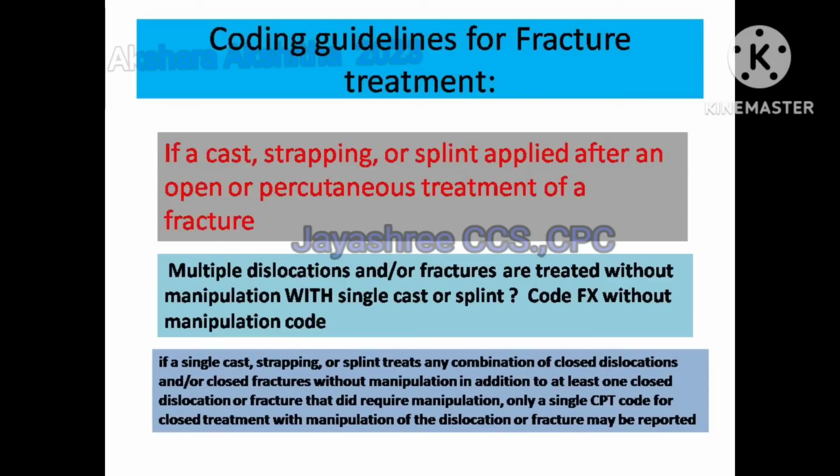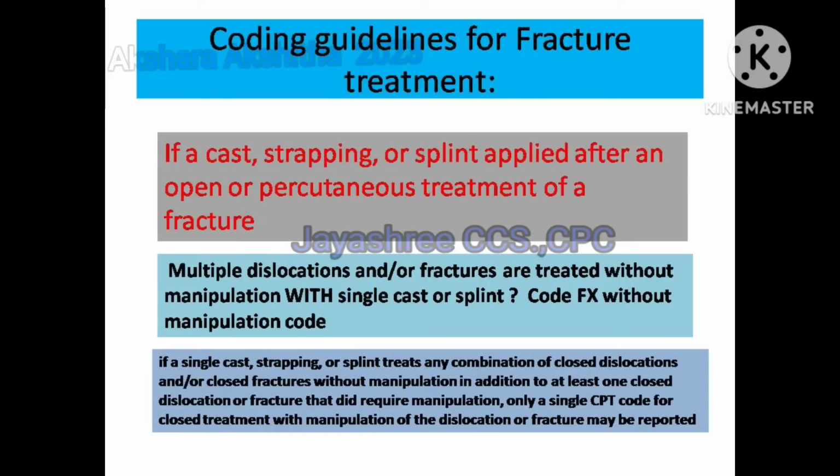Then, if the cast, strapping or splinting applied after open or percutaneous treatment also treats a closed fracture without manipulation, the closed fracture without manipulation CPT code shall not be reported separately.